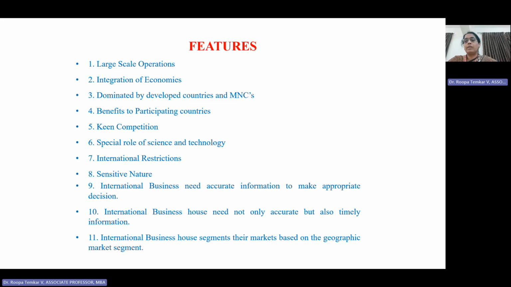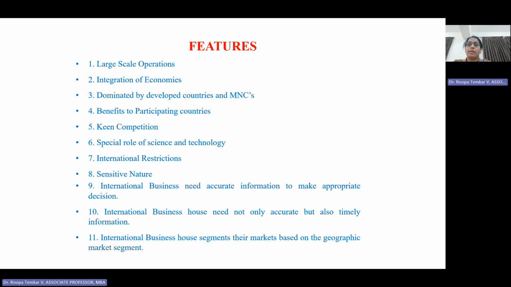Because of the war, we could see the scarcity of different commodities, goods, or services. So that creates a lot of fluctuations and variations in the business, which may hamper regular businesses. So that we call sensitive nature.